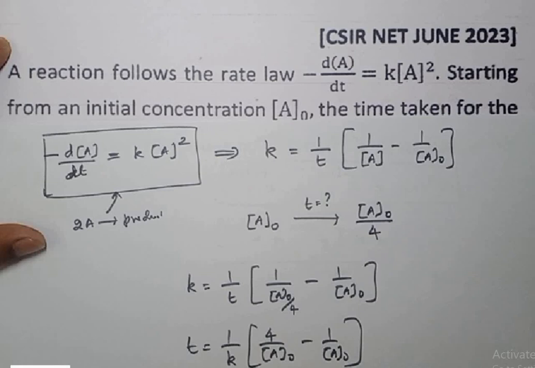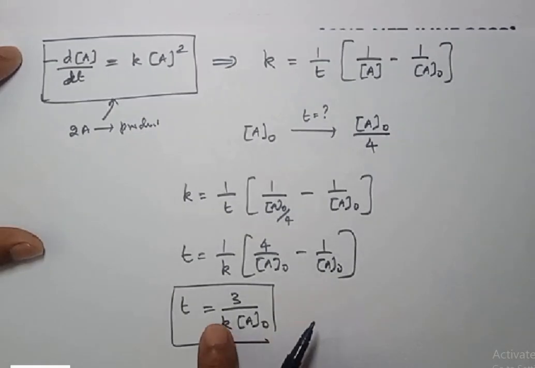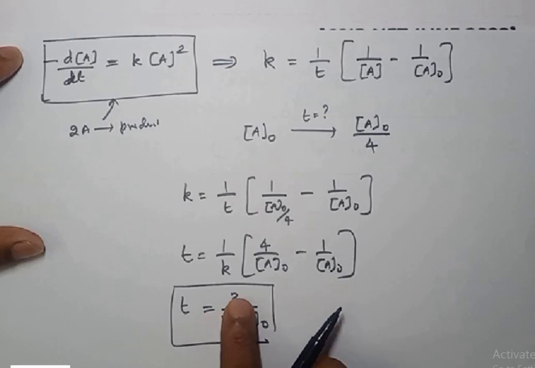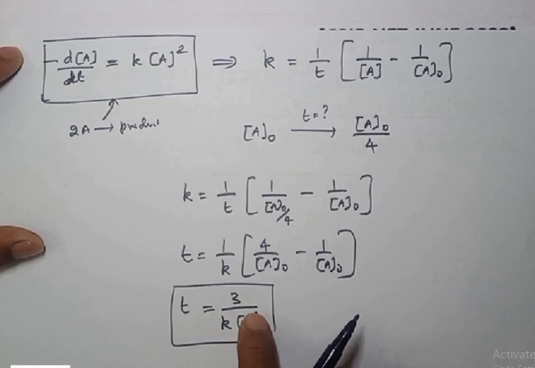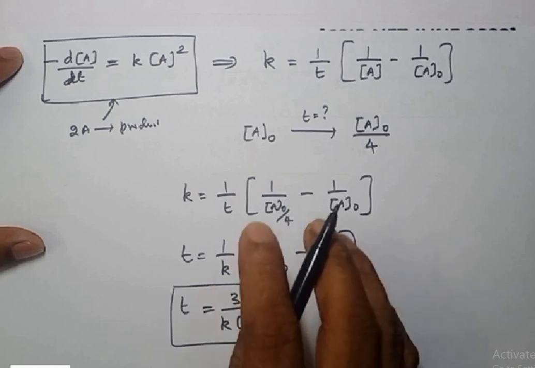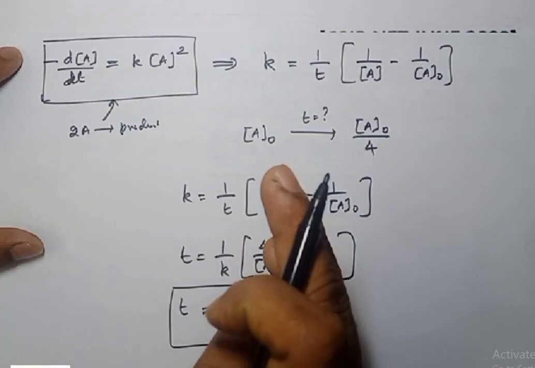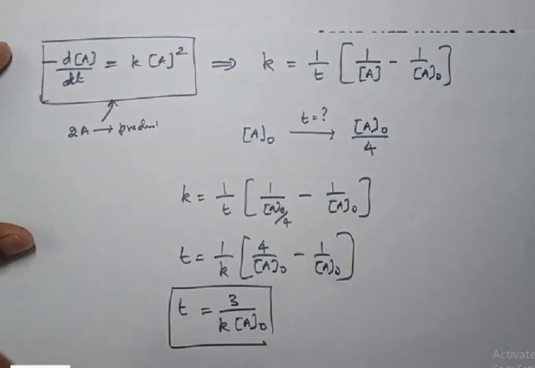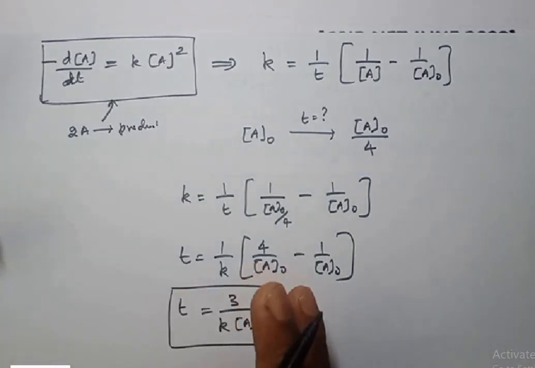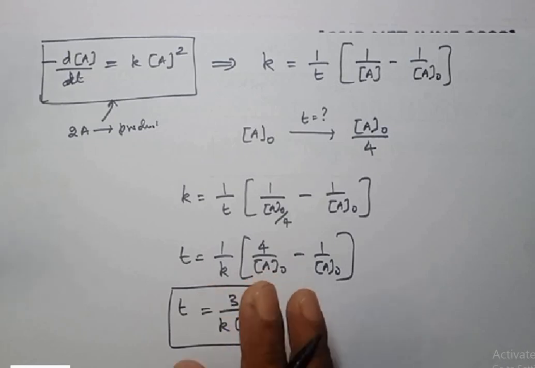Okay, take LCM, you'll get 4 minus 1 is 3, so 3 by k into A naught. When time becomes equal to 3 by rate constant into A naught, at this time, only a quarter of the initial concentration will remain.